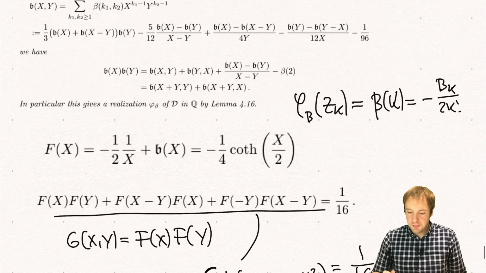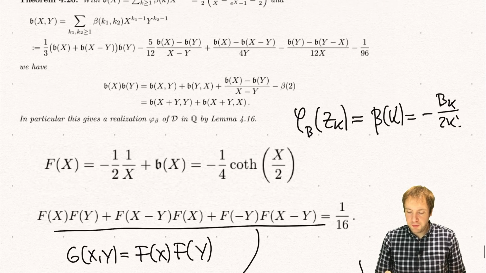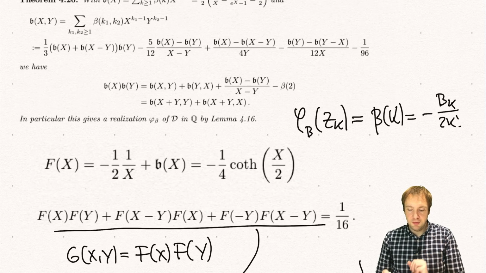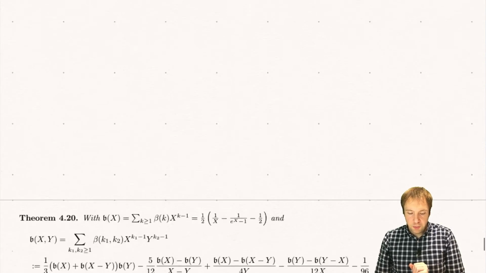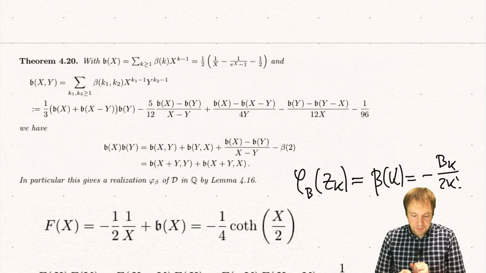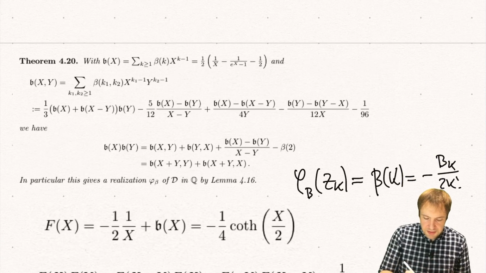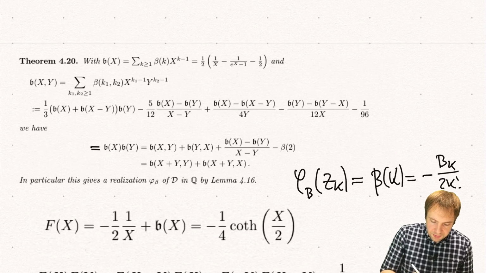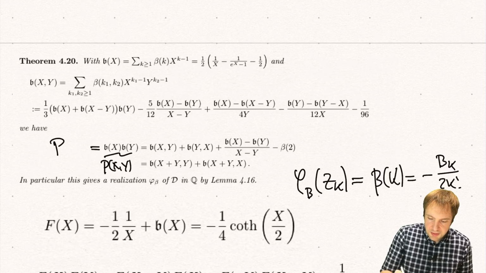Okay, and so now we have two realizations, the phi beta and the phi g, and we see that this part here is what we denoted by pxy.